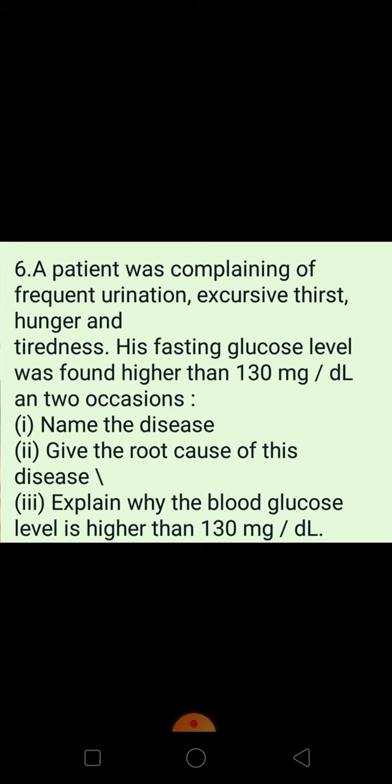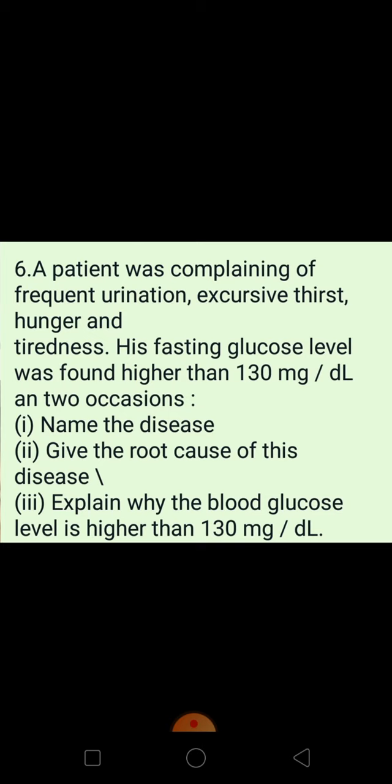A patient was complaining of frequent urination, excessive thirst, hunger, and tiredness. His fasting glucose was found higher than 130 milligram per deciliter on 2 occasions, right?